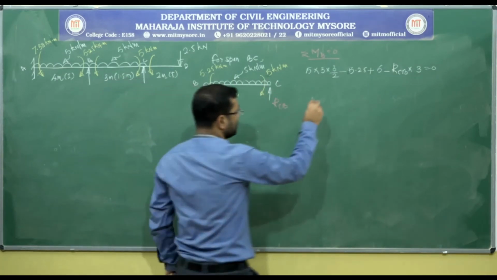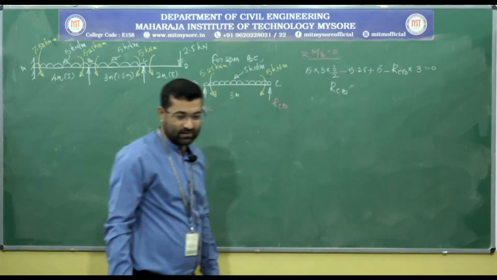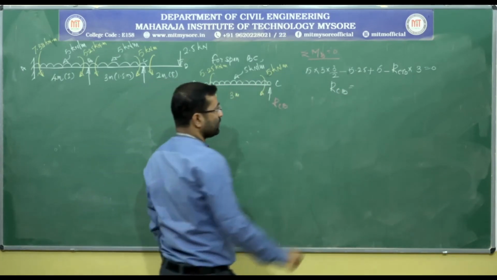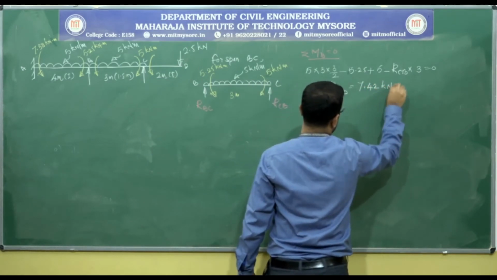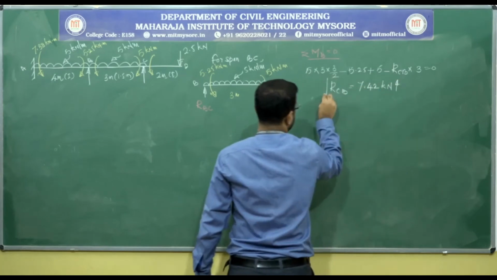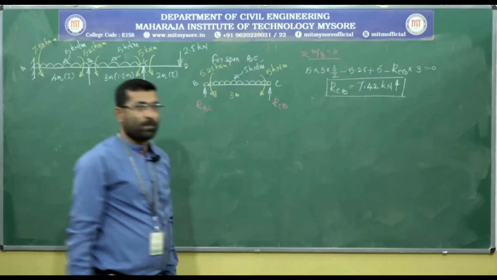If I solve this, I will get the value of RCB, that is reaction at C, as 7.42 kilonewton acting vertically upwards. So this is the support reaction at C.